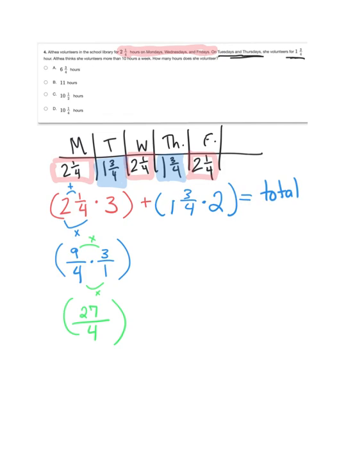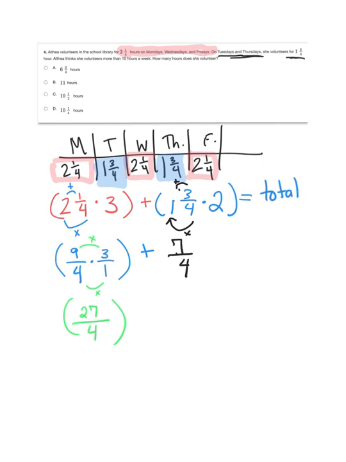Okay, now let's figure out this part of my equation, which is 1 3/4 times 2. So I need to multiply and then add to convert 1 3/4 to an improper fraction. 4 times 1 is 4, plus 3 more gives me 7/4.